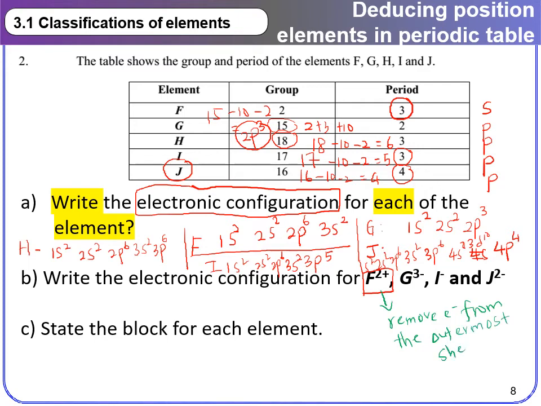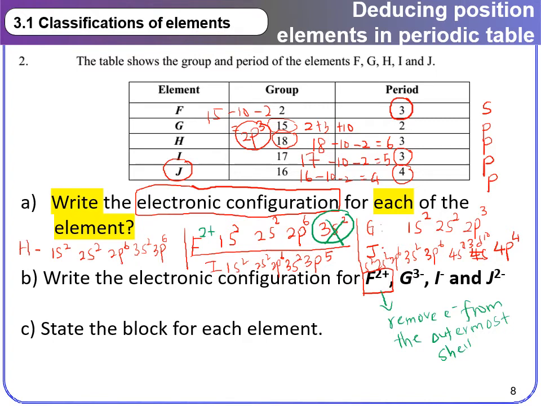Which is the outermost shell in F? 3s is the outermost shell, and losing 2 electrons means that both electrons are removed from the 3s orbital. So the electron configuration for F2+ is 1s2 up to 2p6.